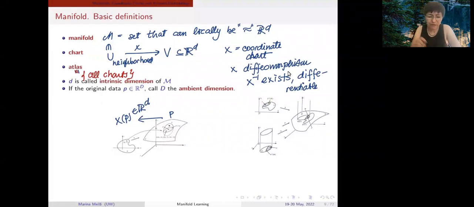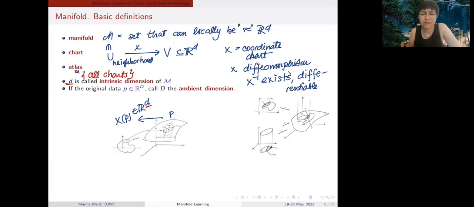The d in the definition of the manifold has itself a name, and it's called the intrinsic dimension. And because typically, not in mathematics but in manifold learning, our original data is already in some high dimensional space, capital D, capital D has the name ambient dimension. So it's the original dimension of the points.